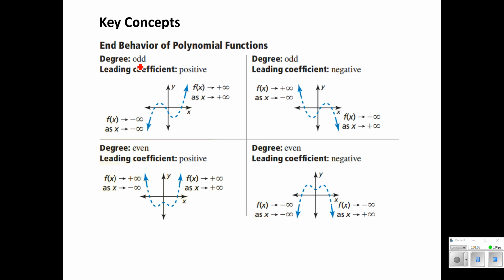So if we have an odd function with a positive leading coefficient, that's like y equals positive x. Again, that's like to the first power. Think about that line. It rises to the right and falls to the left. Okay, and that same rising and falling would happen if that were positive x to the 7th power, any odd power.